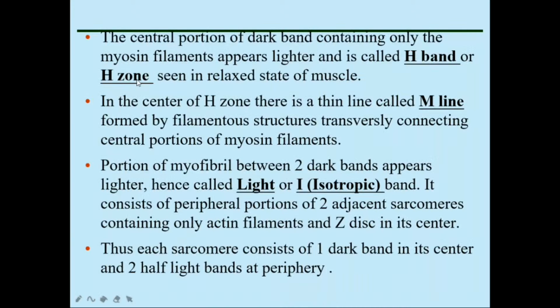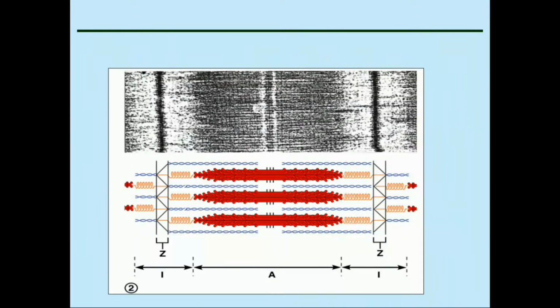The central portion of the dark band containing only the myosin filaments appears lighter and is called H band or H zone, which is seen in the relaxed state of the muscle. So here you can see that in the central portion there are only myosin filaments.